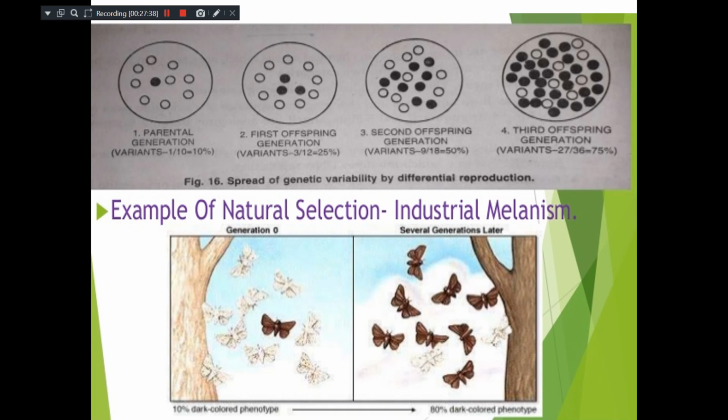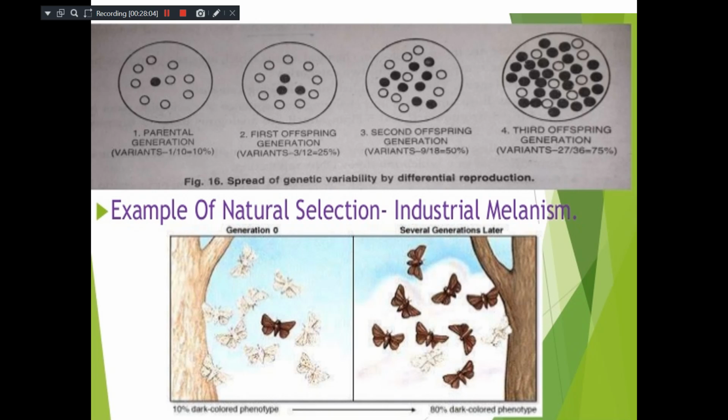But after the onset of the Industrial Revolution, a lot of changes have taken place in nature, especially air pollution increased, and mainly there was a lot of tar, soot, dust, carbon particles.